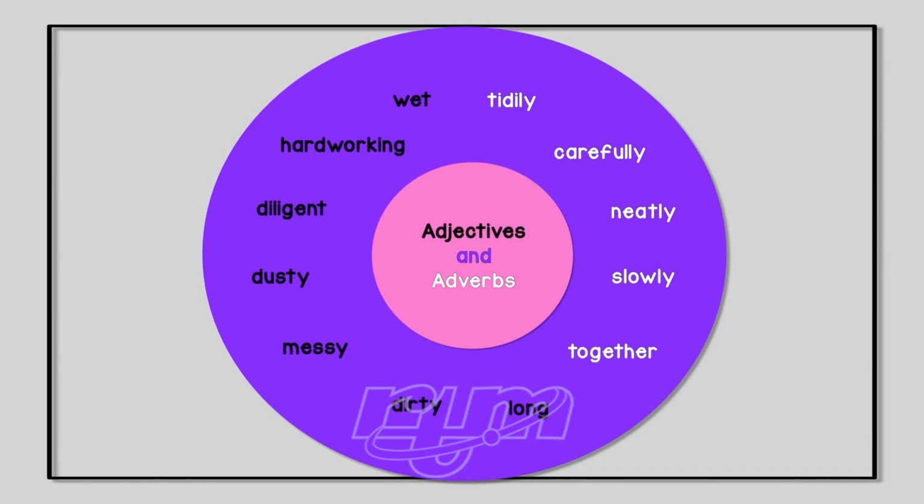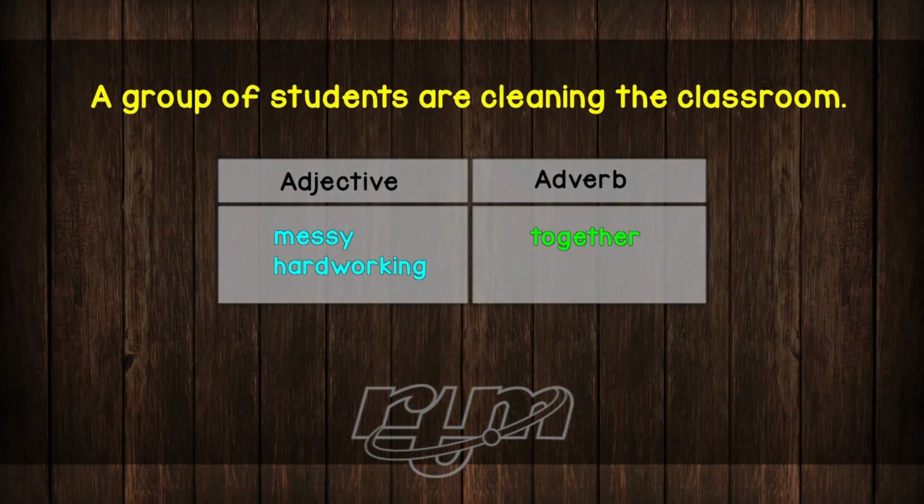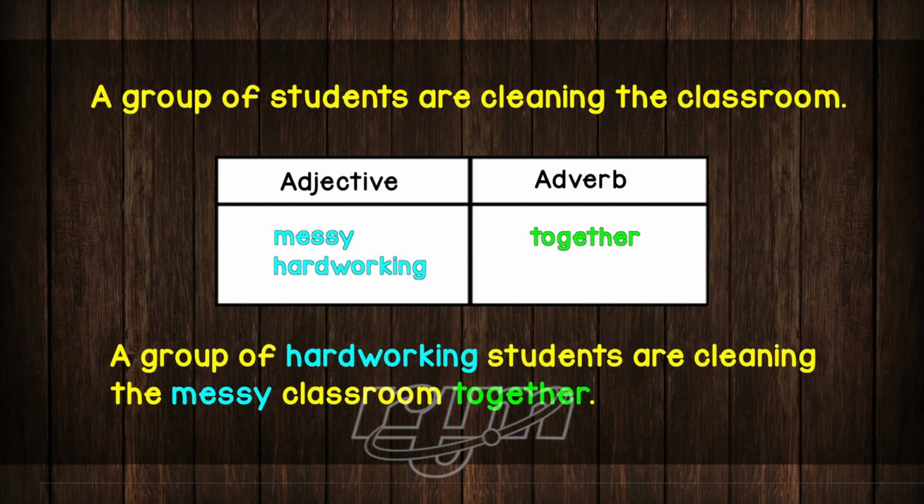From my mind map, I think I'm going to use the words hardworking, messy, and together. When I've added the adjectives and adverbs, my sentence will look like this. A group of hardworking students are cleaning the messy classroom together. See what a big difference it makes when you've added adjectives and adverbs?